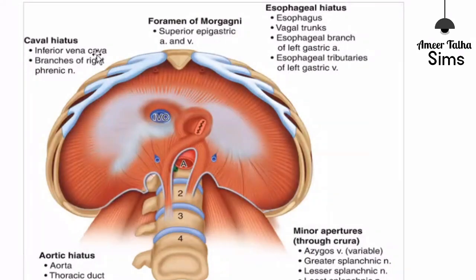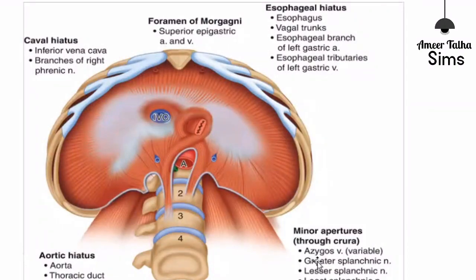The esophageal hiatus contains the esophagus, vagal trunks, and esophageal branches of the left gastric artery. So there are three major openings: aortic, caval, and esophageal, and there are minor apertures in the crura for the azygos vein, greater splanchnic nerves, lesser splanchnic nerves, least splanchnic nerves, and hemiazygos vein.